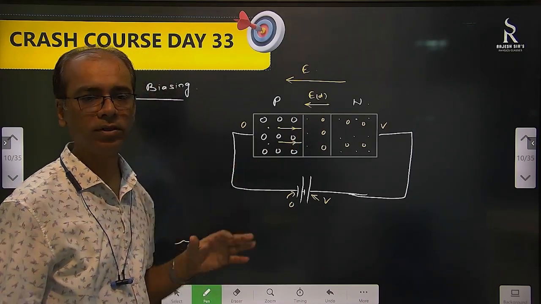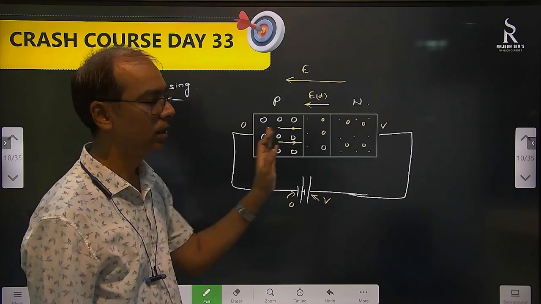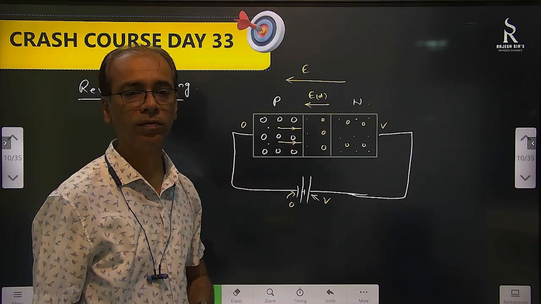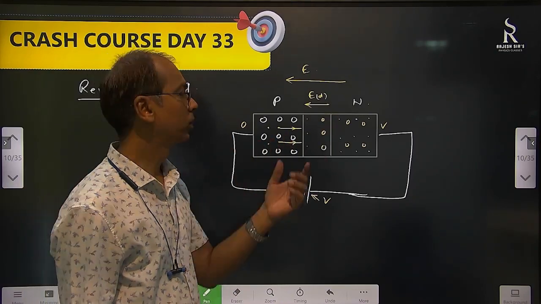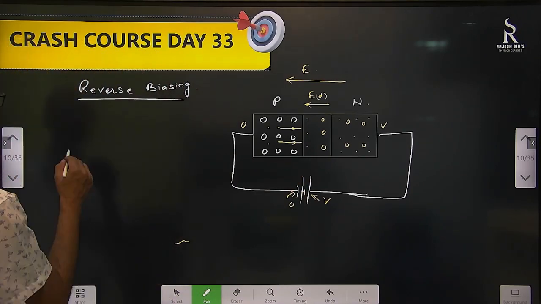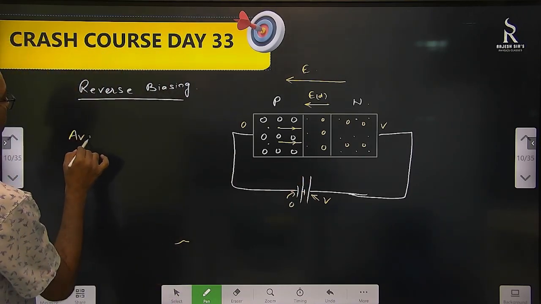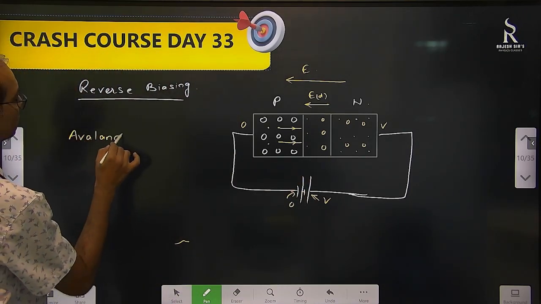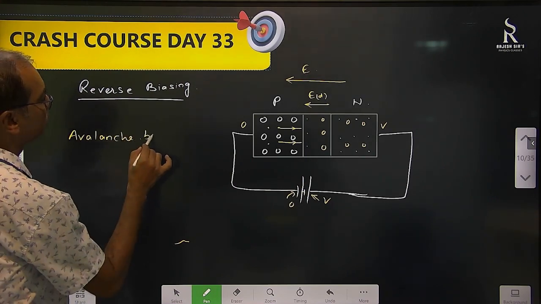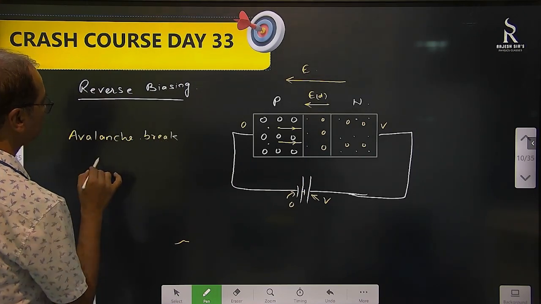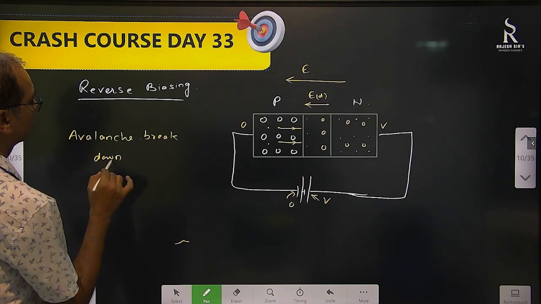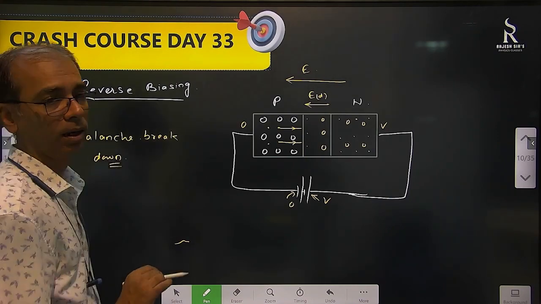Because pairs of holes and electrons are created, suddenly a certain amount of current flows. When this collision happens, we call it avalanche, or avalanche breakdown. Okay, and we get current.